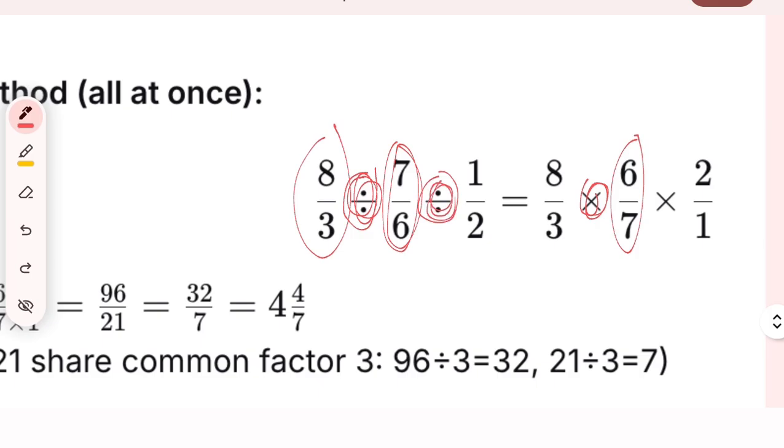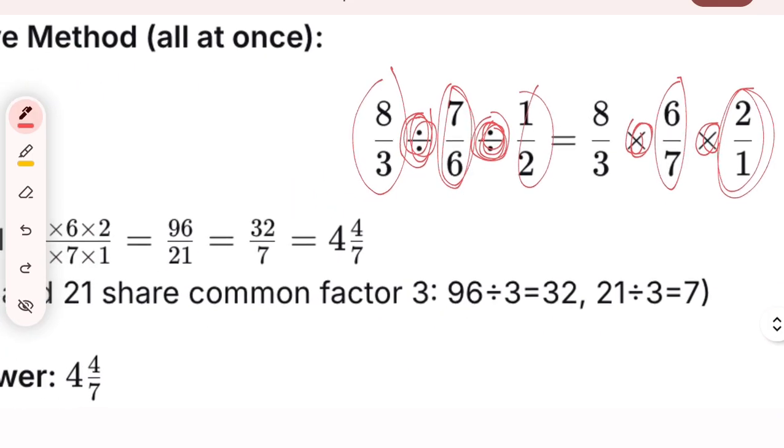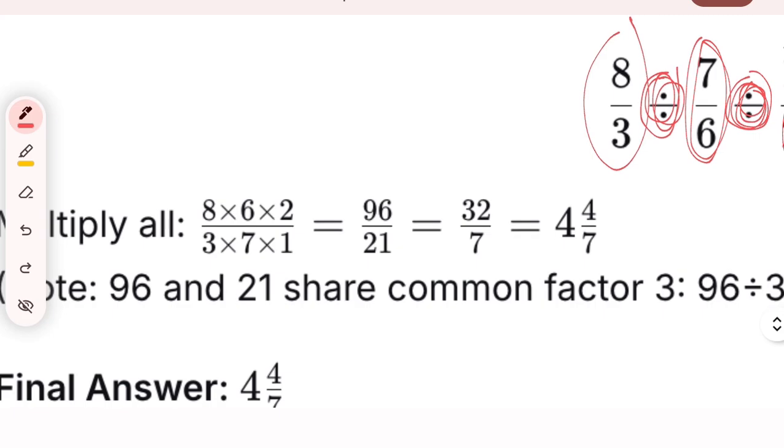You change this into multiplication, and then you flip this one. So what happens there? It becomes something like this. 3 times 6 times 2 is 96. 3 times 7 times 1 is 21. Or you can reduce it as 32 over 7.